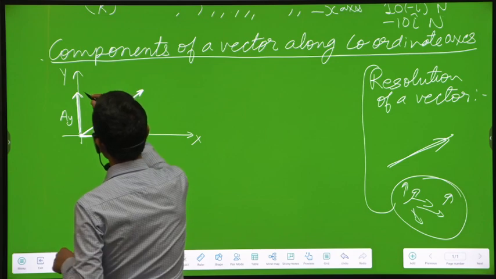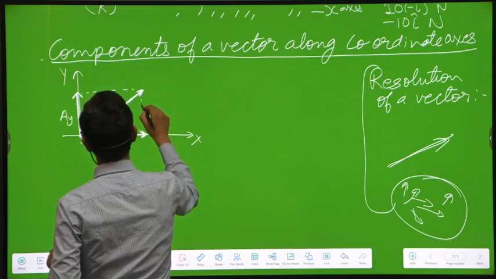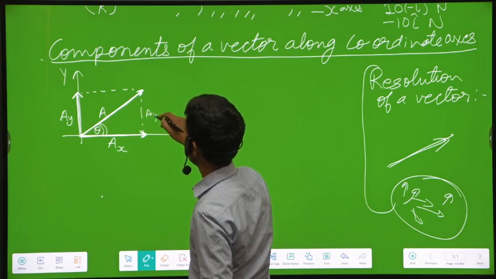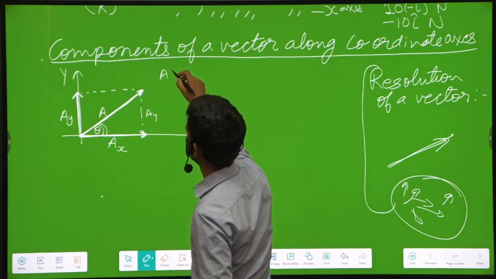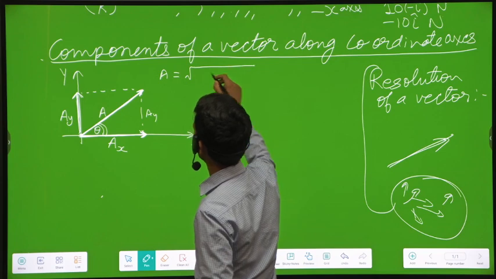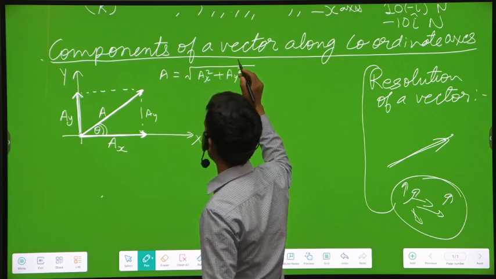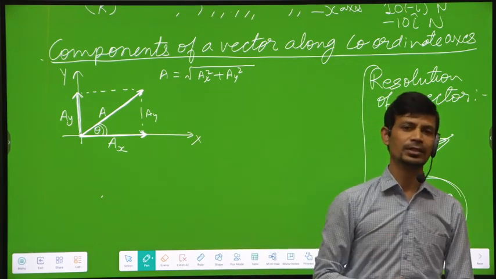Then it's obvious, this is ay, so this is also ay. So it's obvious that this A is equal to root of ax square plus ay square, purely geometrically.